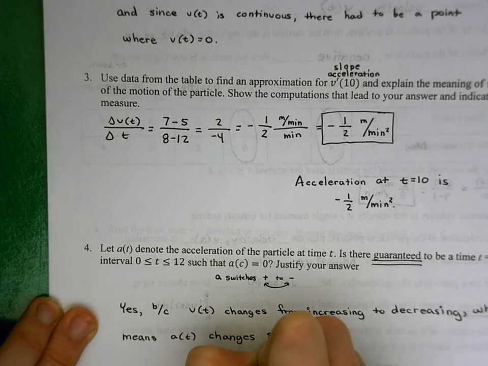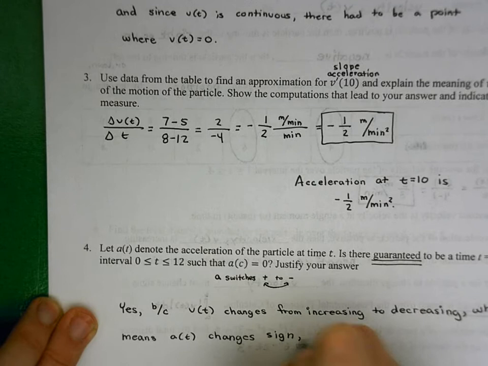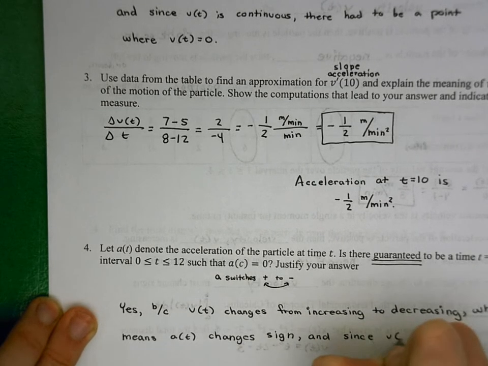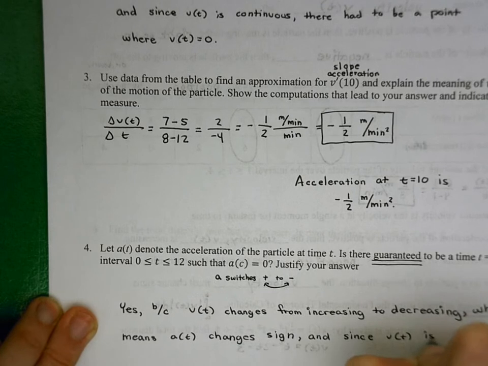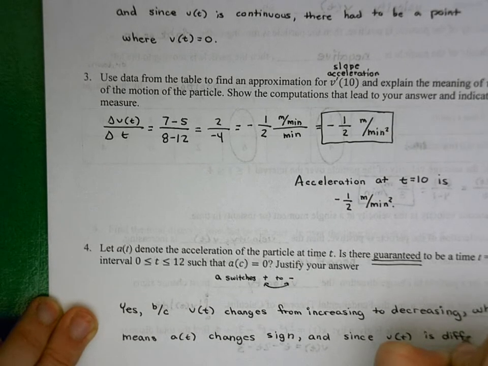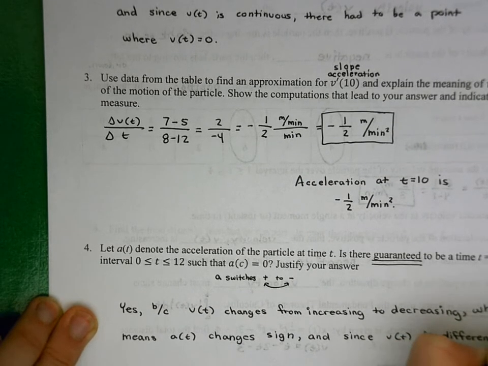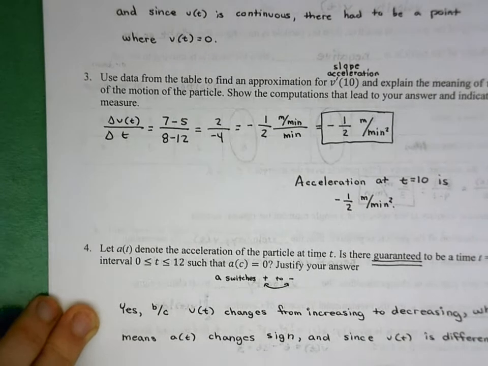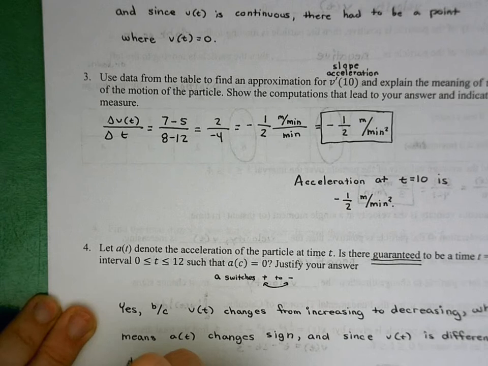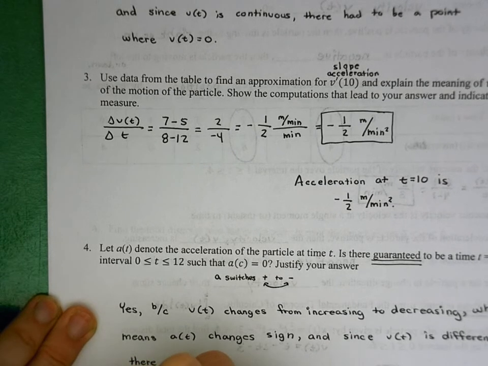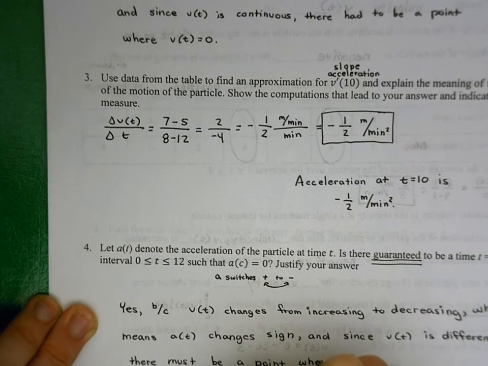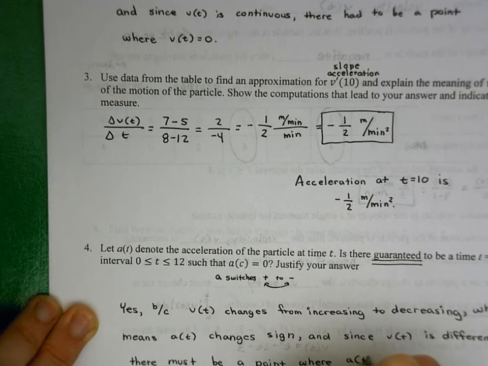It goes from positive to negative. And since v of t is differentiable, which means there aren't any holes or any cusps that would in any way destroy our ability to guarantee, since v of t is differentiable, there must be a point where a of t equals 0.